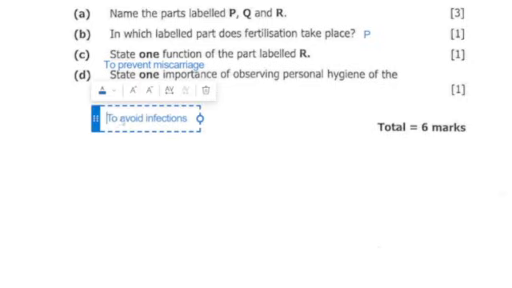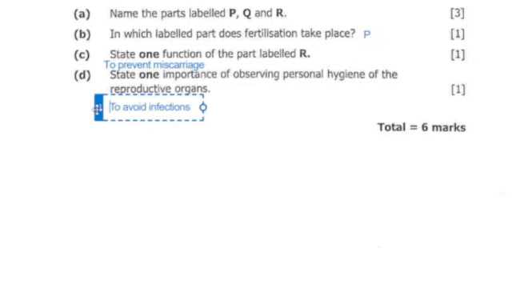If you don't take care of your reproductive organs, you may develop some infections, which can be very sad. So you need to observe personal hygiene to avoid infections. And the other thing is also to avoid bad odor or smelling.